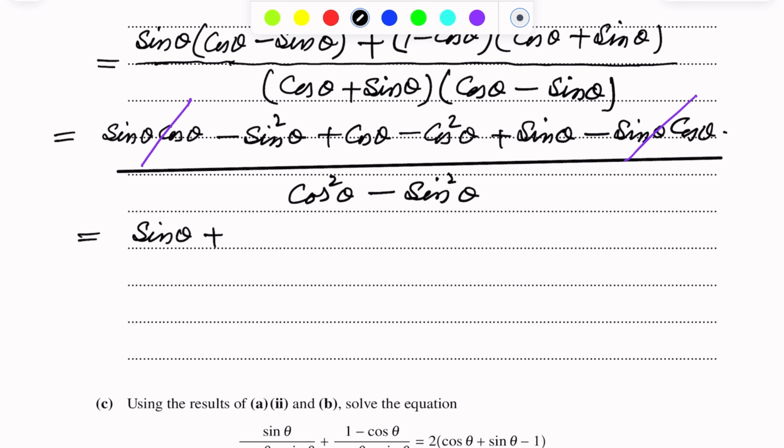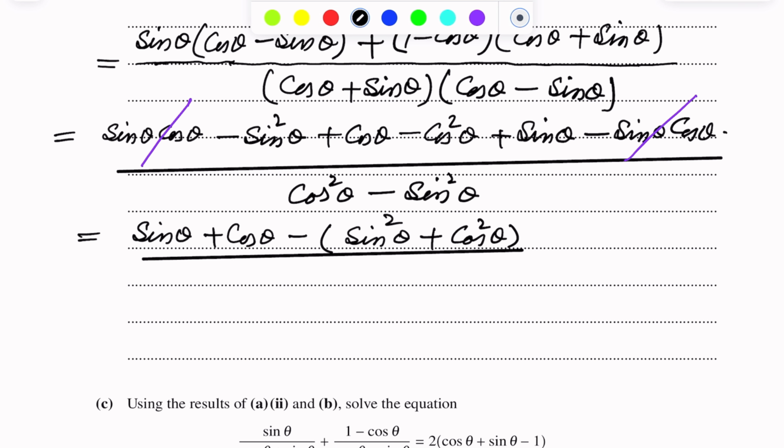Sin theta plus cos theta minus, we are taking common from these two terms, within bracket sin square theta plus cos square theta, divided by cos square theta minus sin square theta.